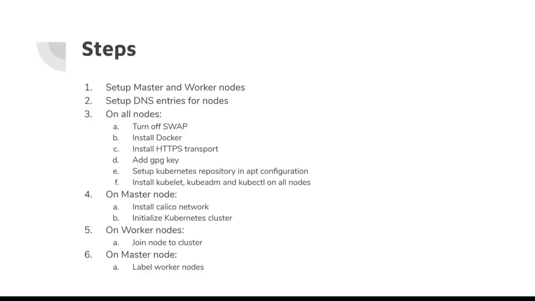So what are the steps needed to set this up? You need at least one master node, a computer, or it can be a virtual machine, or anything. The underlying infrastructure does not matter at all.